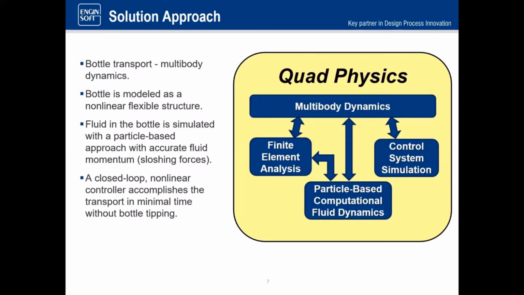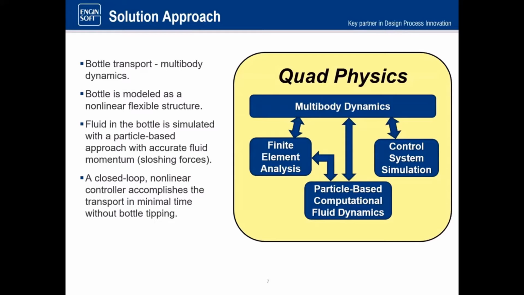And then the fluid is simulated with Particleworks. The key thing about the interface between Particleworks and RecurDyn is that, with our most recent versions, even with the Full Flex nonlinear flexible bodies, our interface is able to support interaction between the fluid particles and the target bodies of interest.